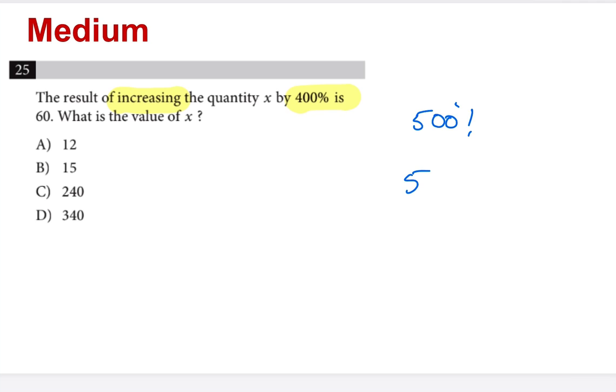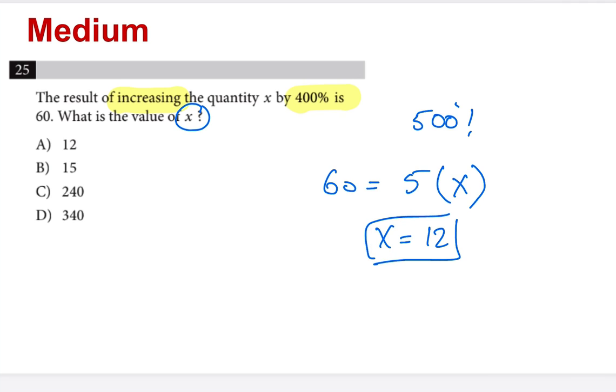So increasing the value X, we're going to multiply X times 5. This will result in 60. So 60 is equal to 5 times X. By dividing by 5 on both sides, you will get X equals 12. This is a very common mistake: the majority of students pick B, which is 15, thinking that you divide 60 by 4.